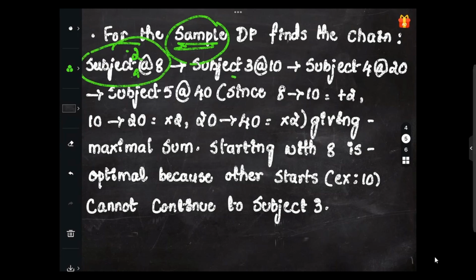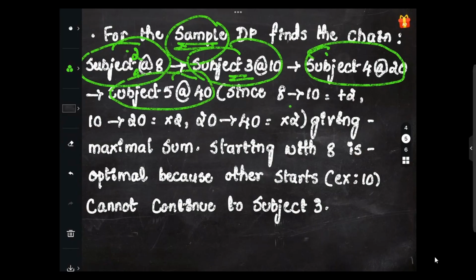Subject 2 at 8 is followed by subject 3 at 10, subject 4 at 20, and subject 5 at 40. Since 8 to 10 is plus 2, 10 to 20 is times 2, don't get confused, and 20 to 40 is again times 2.